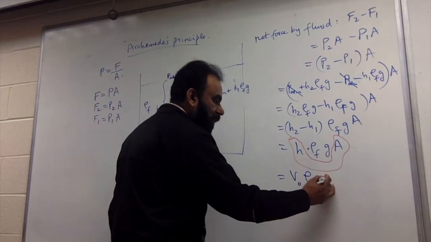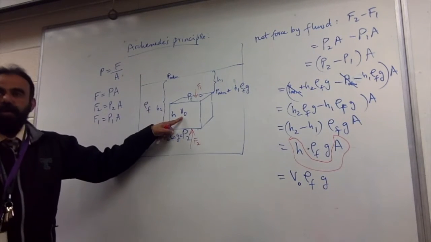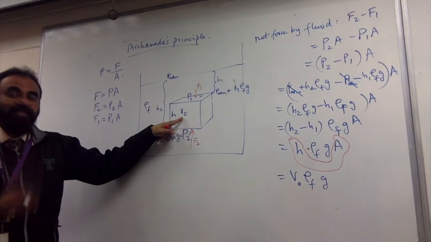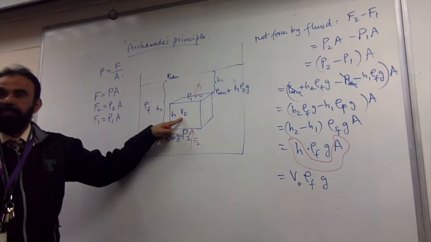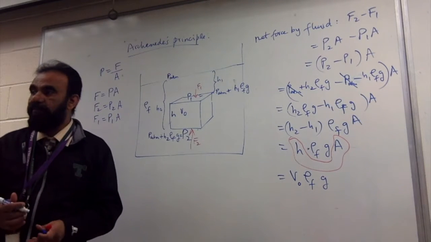Density of the fluid times gravity times the volume of the object. Isn't that the same as the volume of the fluid displaced? Isn't the volume of the object the same as the volume of the fluid pushed out?